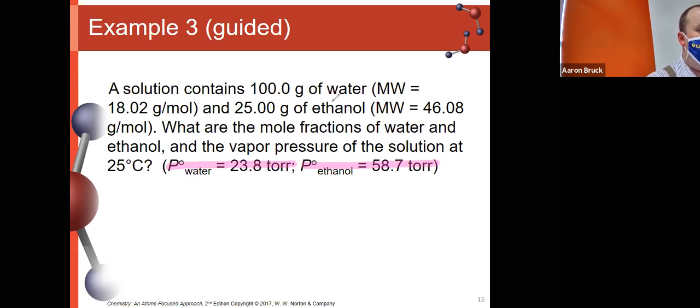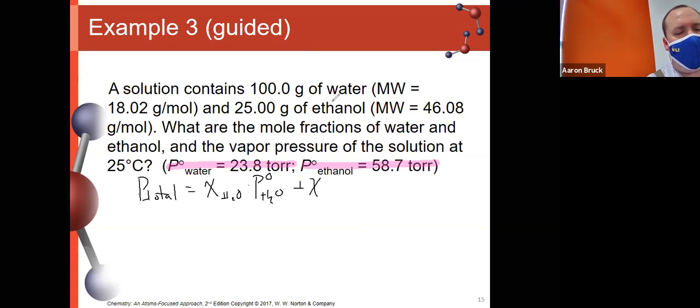So my equation is going to be that the total pressure is equal to the mole fraction of water times the vapor pressure of water plus the mole fraction of ethanol times the vapor pressure of ethanol.